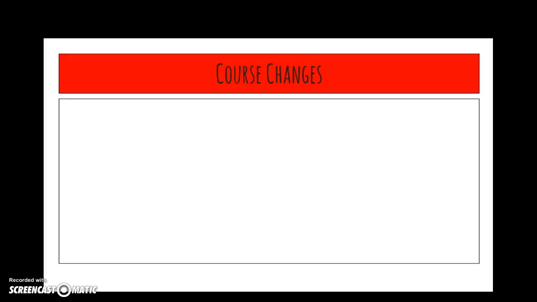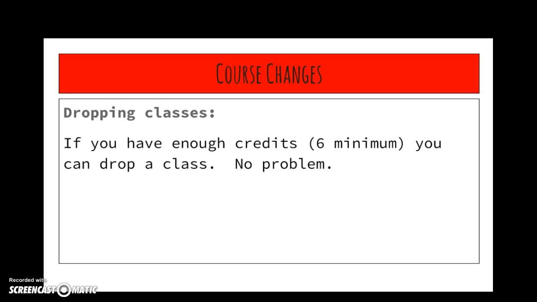So when you're looking over your course list, we just want to go over course changes. We want to make sure that you're aware that you certainly can drop a class if you're overloaded on credits, if you're taking more than 6, and dropping a class would alleviate a conflict. Please, by all means, just write down that you want to drop a certain class. That's not a problem.